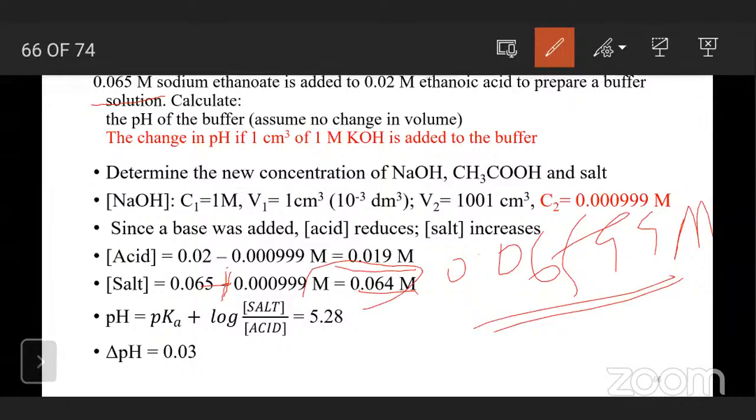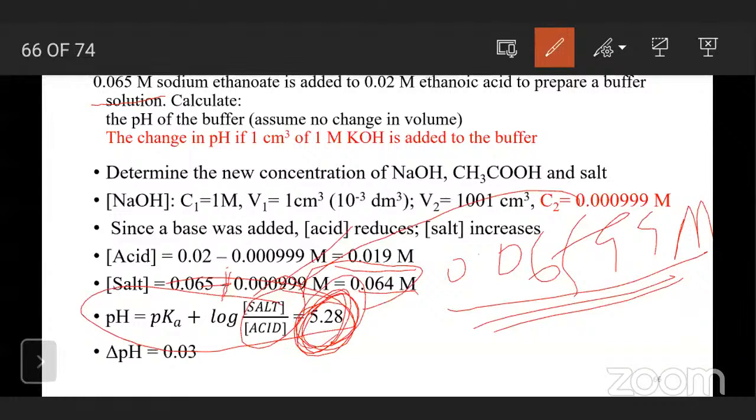If you put what you have into this equation, that's pH equals to pKa plus log of concentration of salt over that of acid, you will have this 5.28. It may have some other decimal points behind it, but you will get an answer like this.